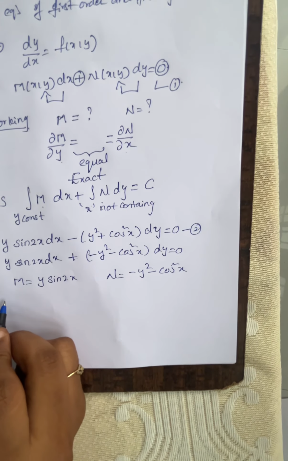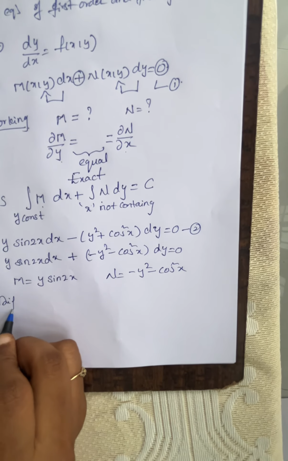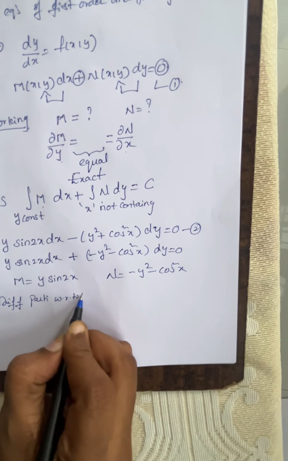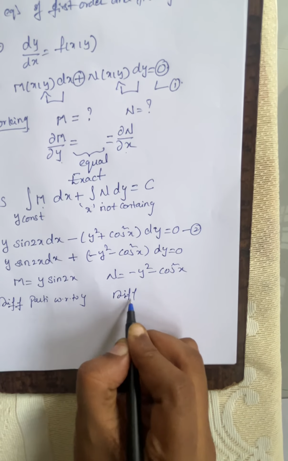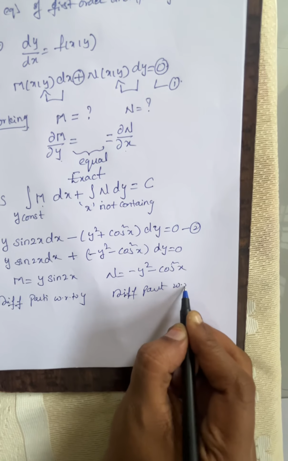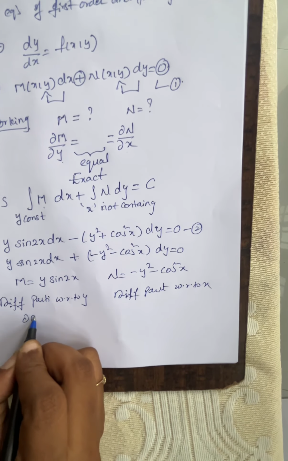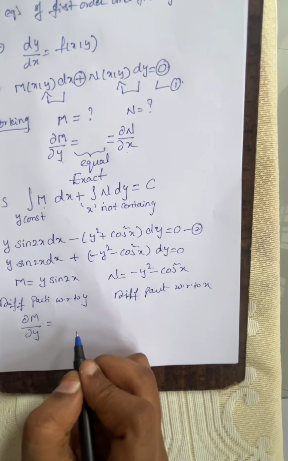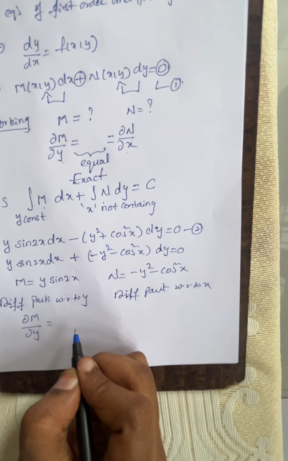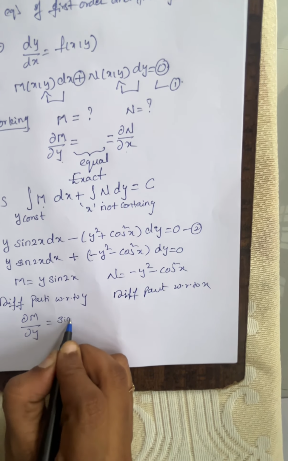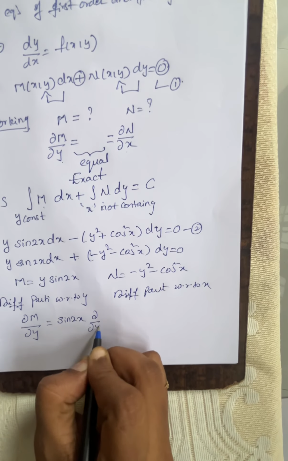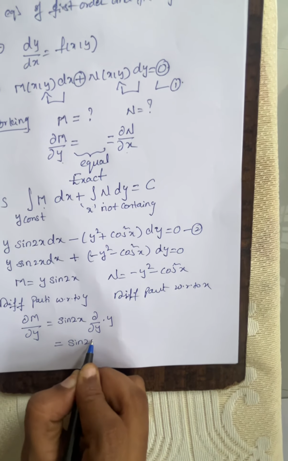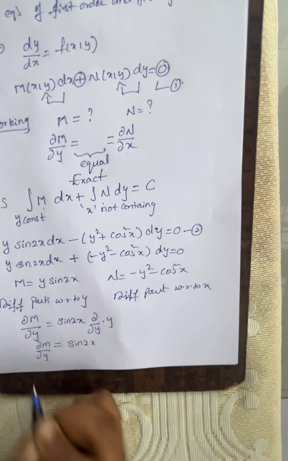As I told earlier, in the working rule we have to check by differentiating m partially with respect to y and n partially with respect to x. Dou m by dou y, because it's a partial differentiation, the variable with respect to which we differentiate will be differentiated, and the remaining variables we treat as constants. Here sine 2x is constant because we are differentiating with respect to y. So differentiation of y is 1, therefore dou m by dou y is equal to sine 2x.